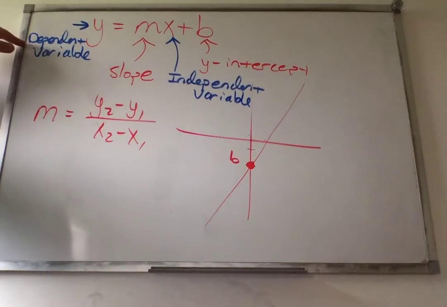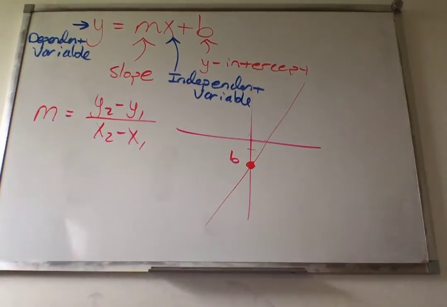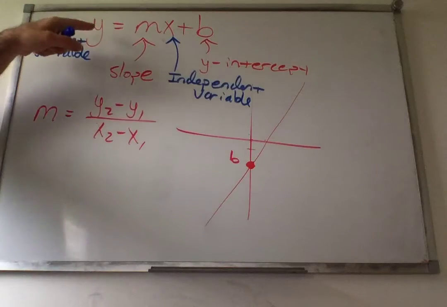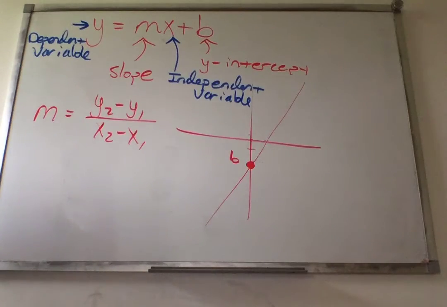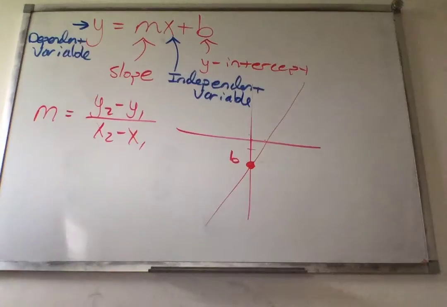If you think about the word dependent, what does it mean to depend on something? It depends on another variable. We have to know this variable in order to figure out this variable. This is called the independent variable because this is the one we're going to specify. Normally, we want to know what y is if we know x. So we plug in our x to figure out our y.